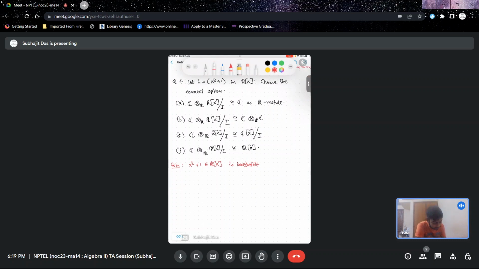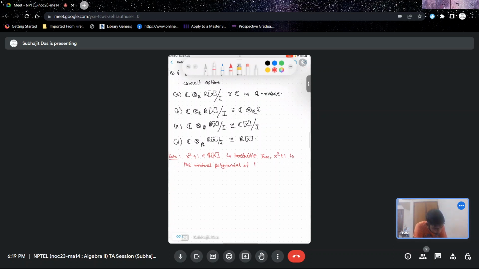And what else can we observe? Thus x square plus 1 being monic as well is the minimal polynomial or irreducible polynomial of i, the imaginary unit, over R.